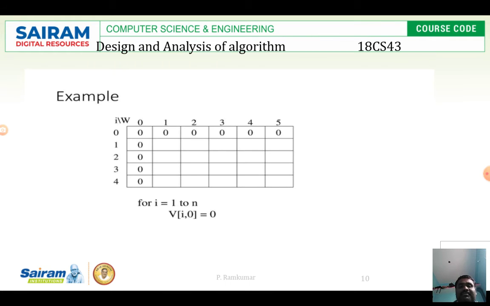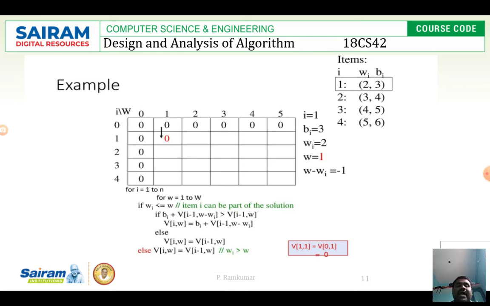How I am going to fill up this table is, the items are 1, 2, 3, 4 and each item will carry the weights 2, 3, 4, 5, and 3, 4, 5, 6 are the benefit or profit respectively.